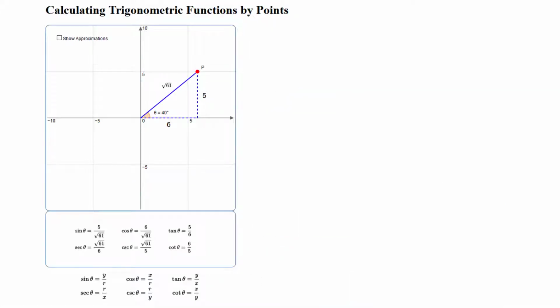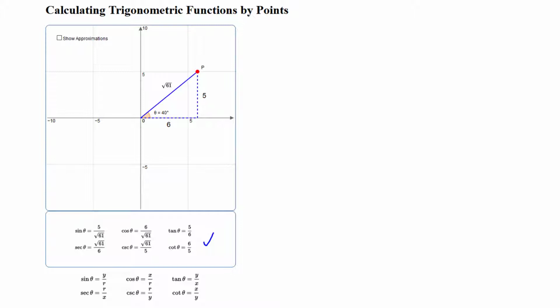Okay, so for any point that I define here in this plane, P, I can move that point around and show you what the values of the different trigonometric functions are. I have the definitions of the trigonometric functions here, and in this little dashboard, those calculated values.